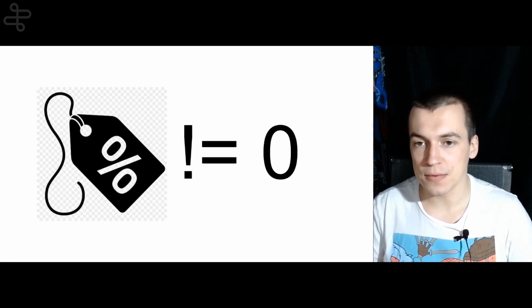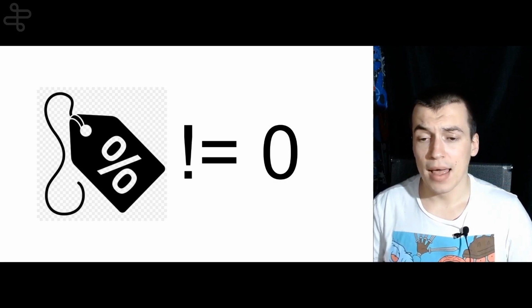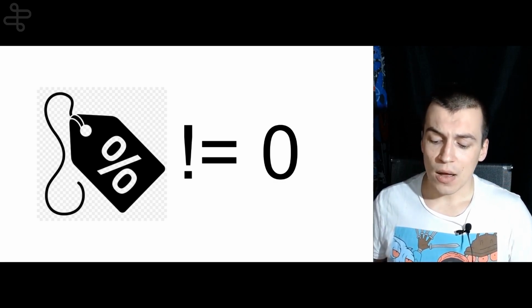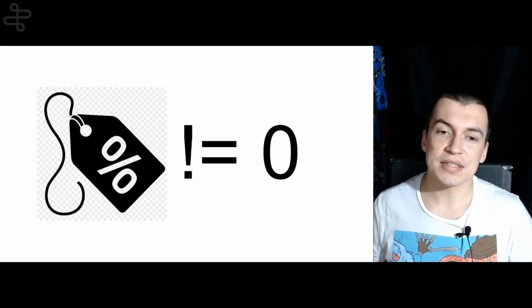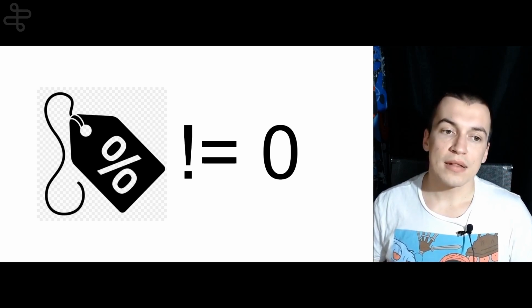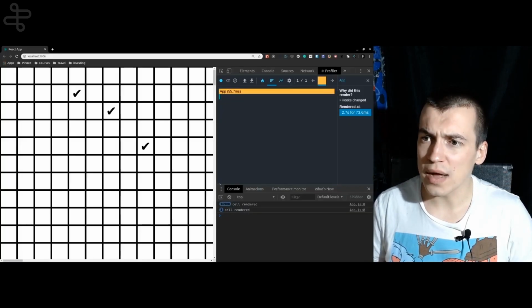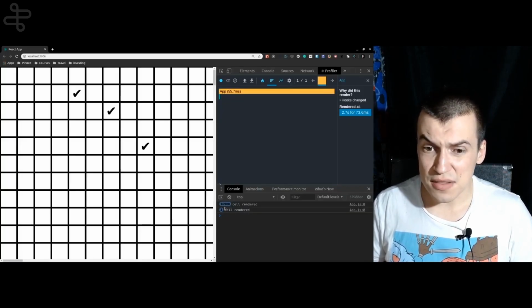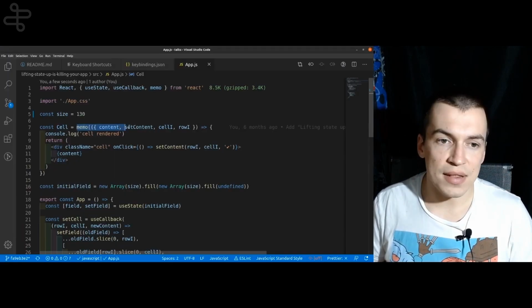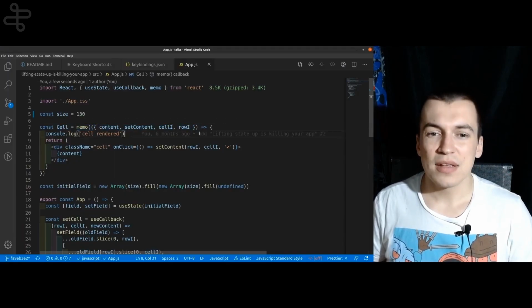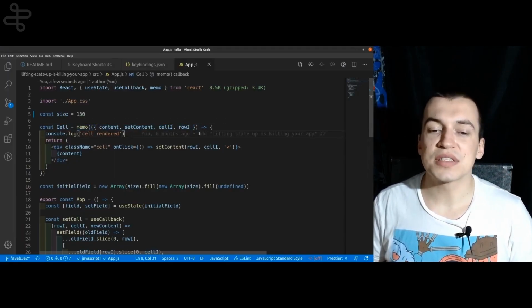So what React has to do in this case is, well, basically it still has to go over 10,000 cells. Well, and in our case it was, what, 16,900 cells, and compare their props. This process is called reconciliation.